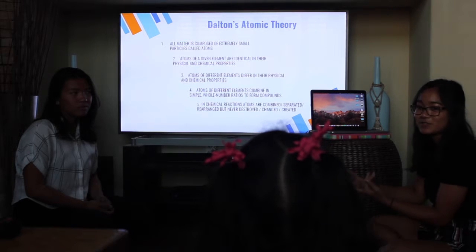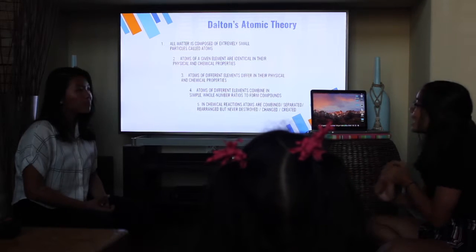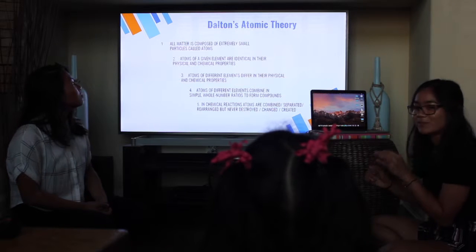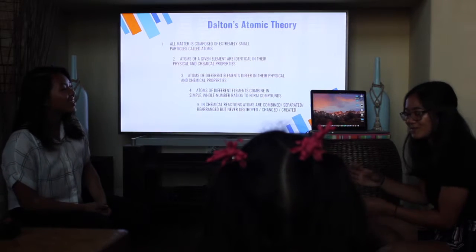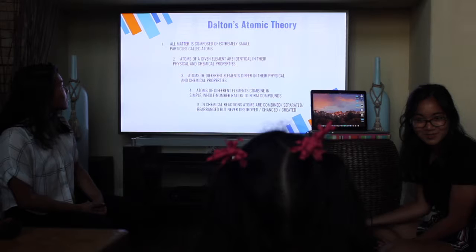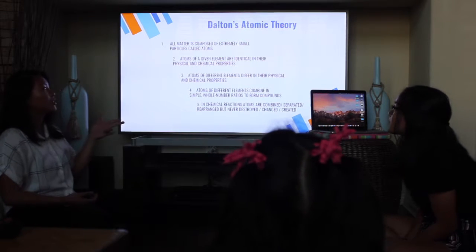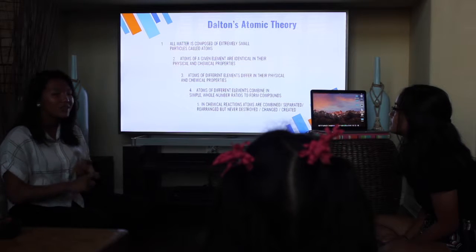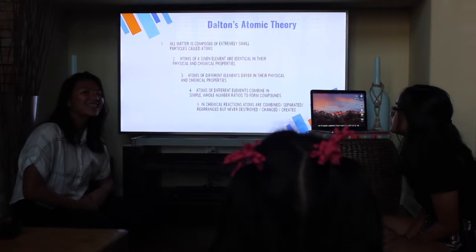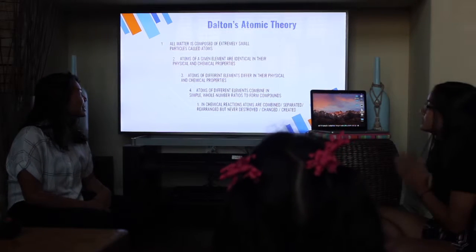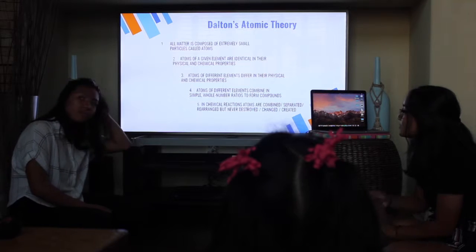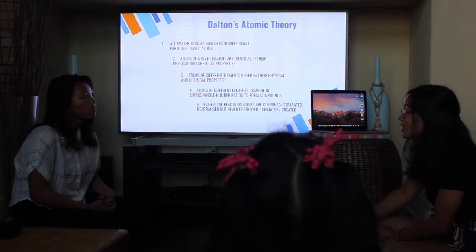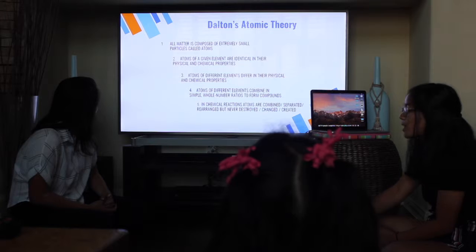So the first theory they had was that all matter is composed of small particles called atoms. And the second is that atoms of a given element are identical in their physical and chemical properties. And the third theory is that atoms of different elements differ in their physical and chemical properties.